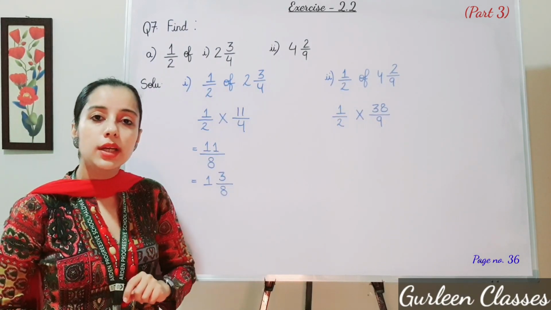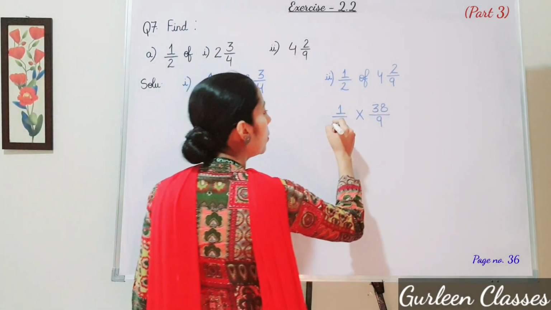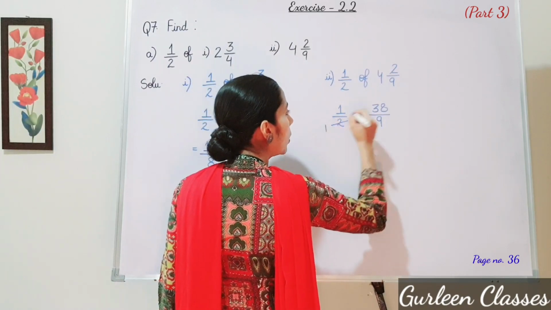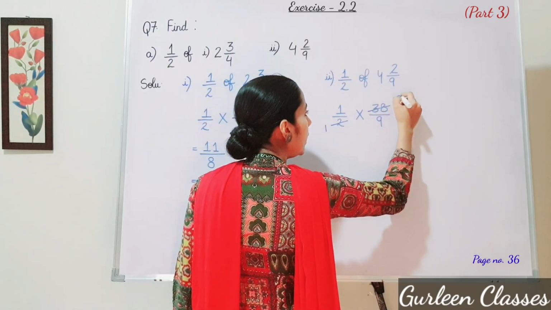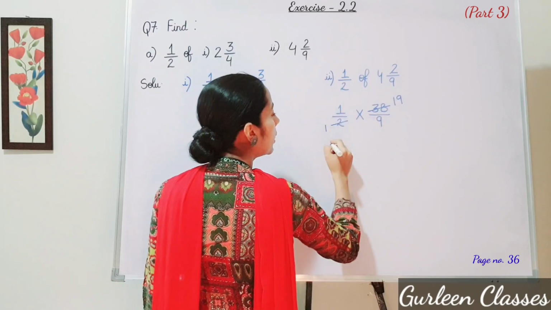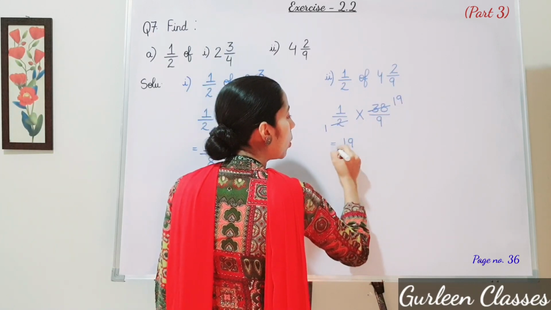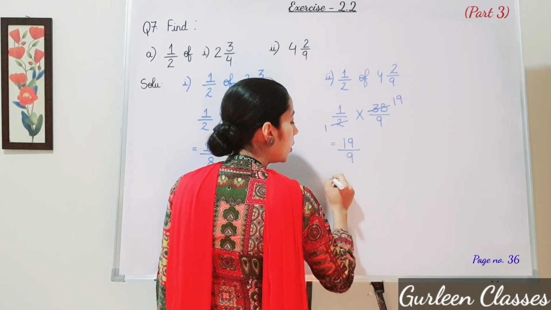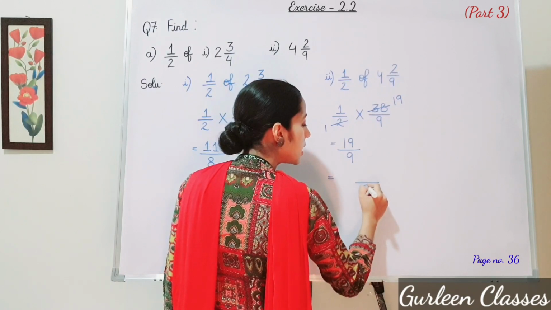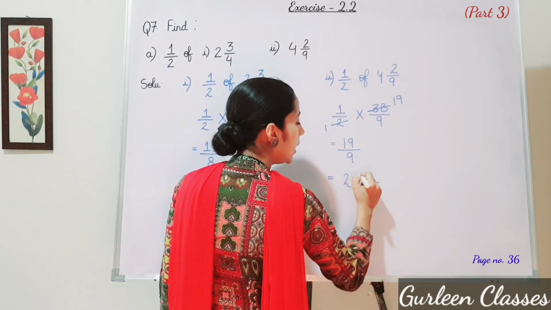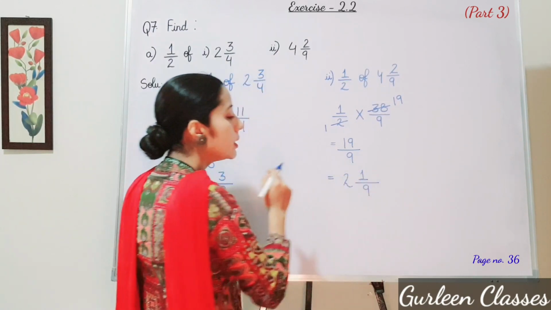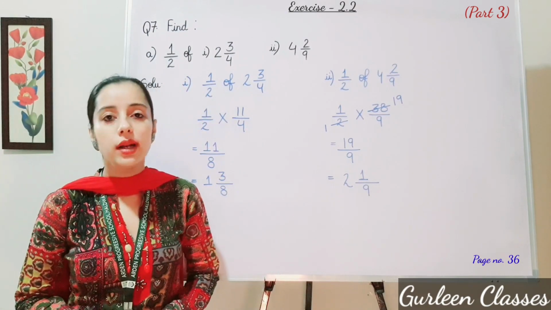So it can be reduced to lowest term. How will you do it? By cross multiply. 2 ones are 2, 2 19s are 38. Now multiply the numerator, 19 upon 9. Convert into mixed fraction. 9 ones are 9, 9 twos are 18 and plus 1. Answer is 2 whole 1 upon 9.